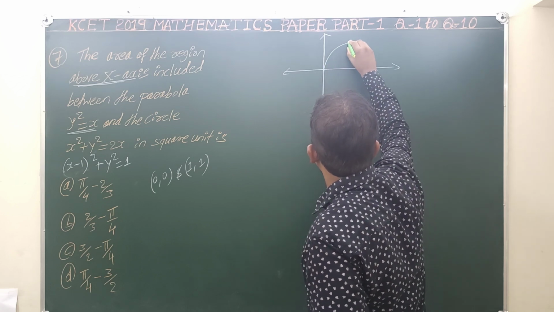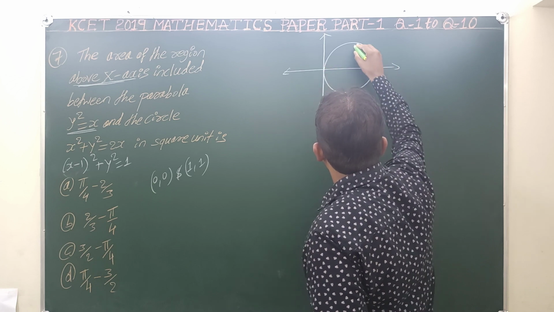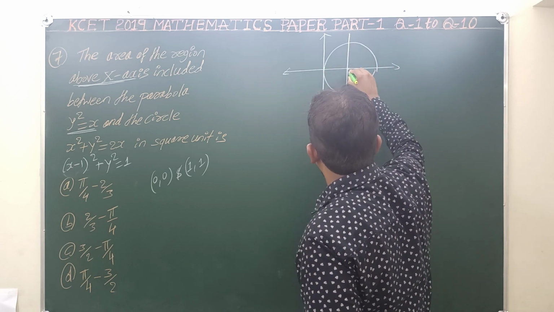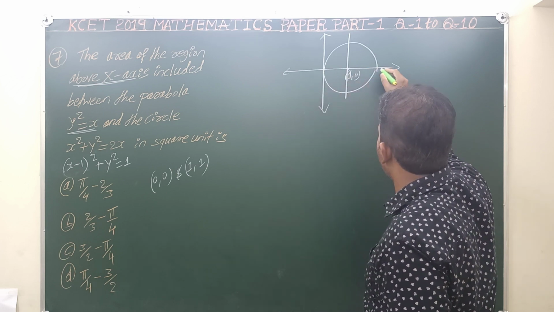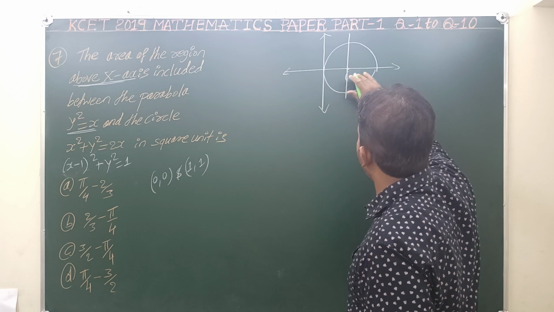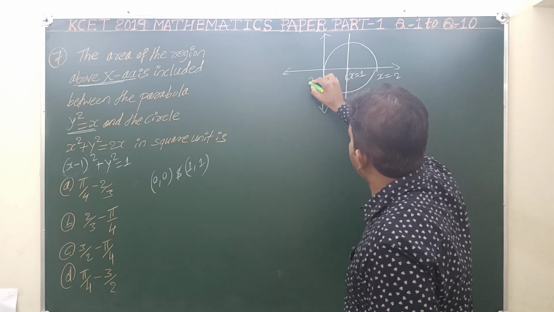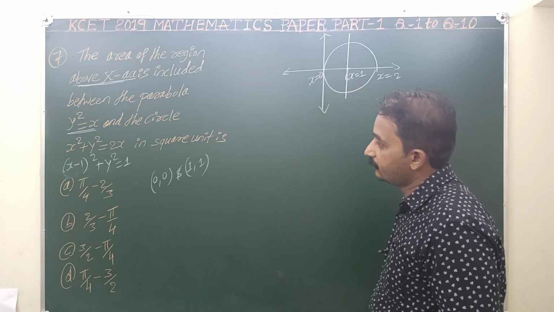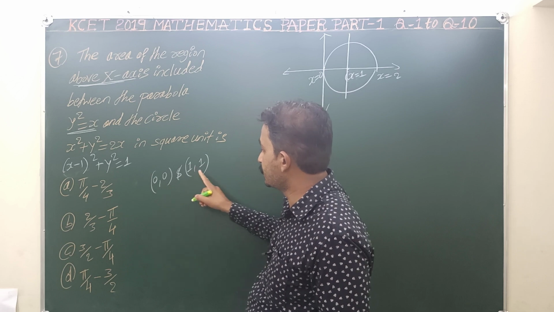The circle passes through the origin, with center at (1, 0), radius 1 and diameter 2. So x equals 1, x equals 2, x equals 0. The parabola intersects the circle at the points (0, 0) and (1, 1).